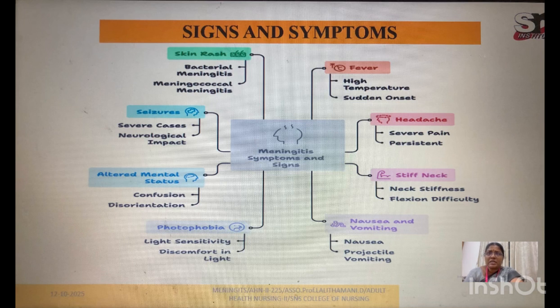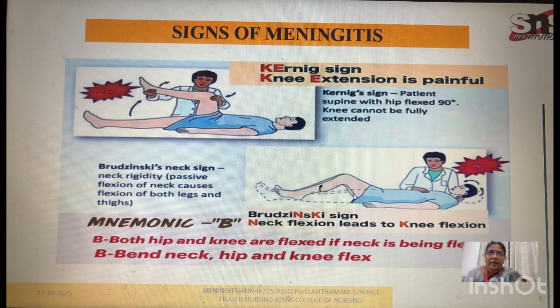If a person comes with a high temperature and sudden onset, severe nausea and projectile vomiting, and a stiff neck, the person might not be able to bend and extend the neck. With photophobia, as we all know, the person will not be able to look into the light.